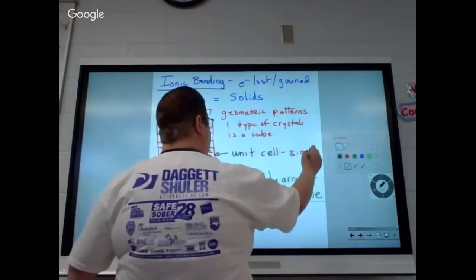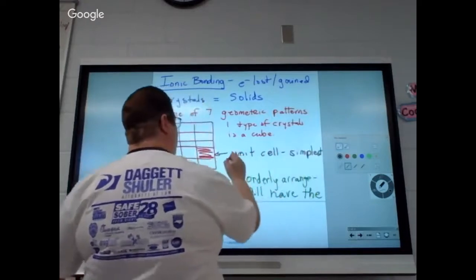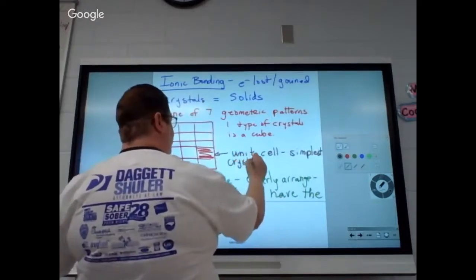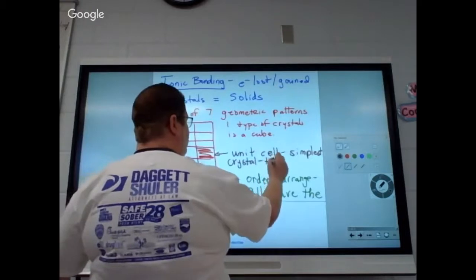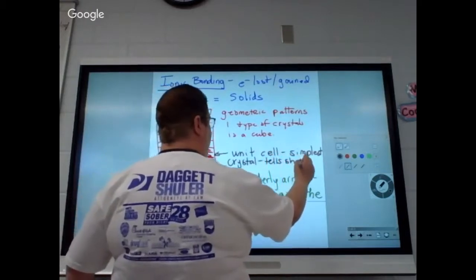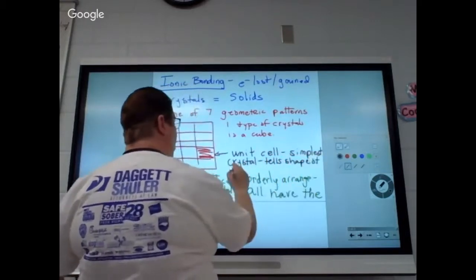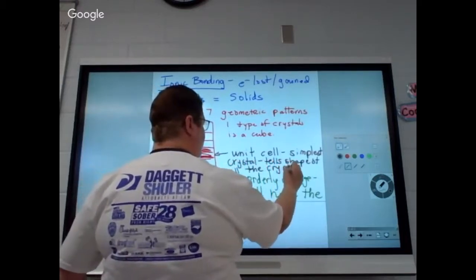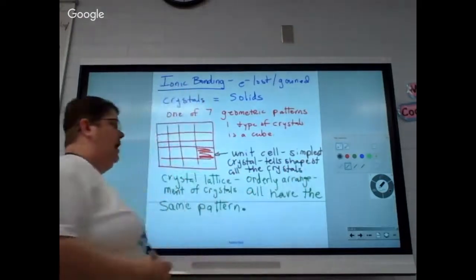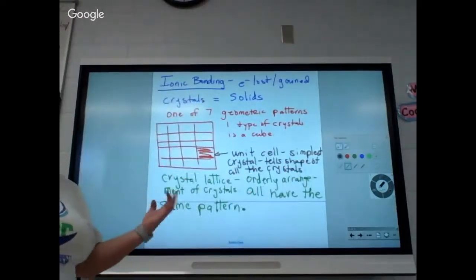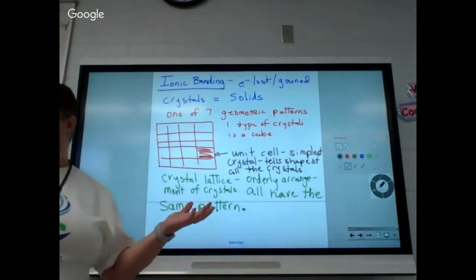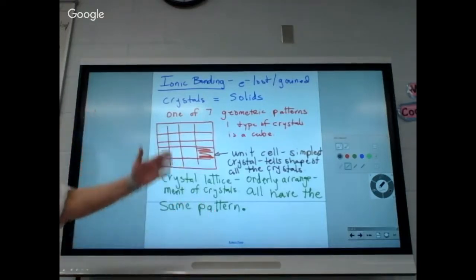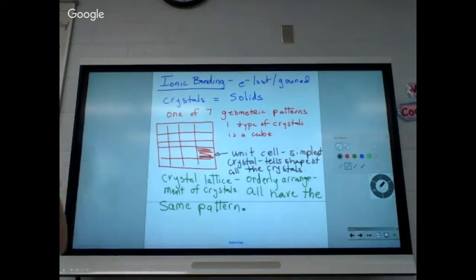It is the simplest crystal, and it tells the shape of all the crystals. So if I know the shape of the unit cell is a cube, what do I know about all the other crystals in this crystal lattice? They're all cubes.